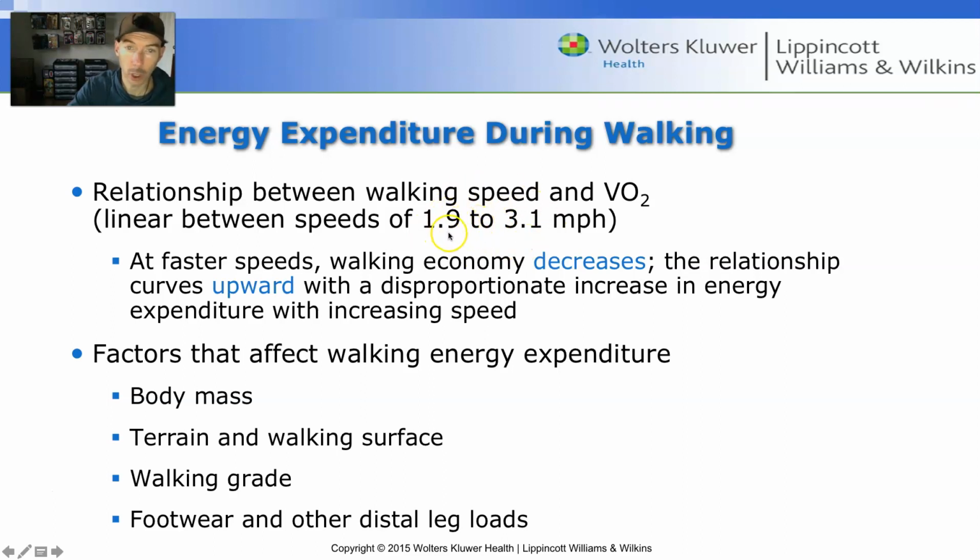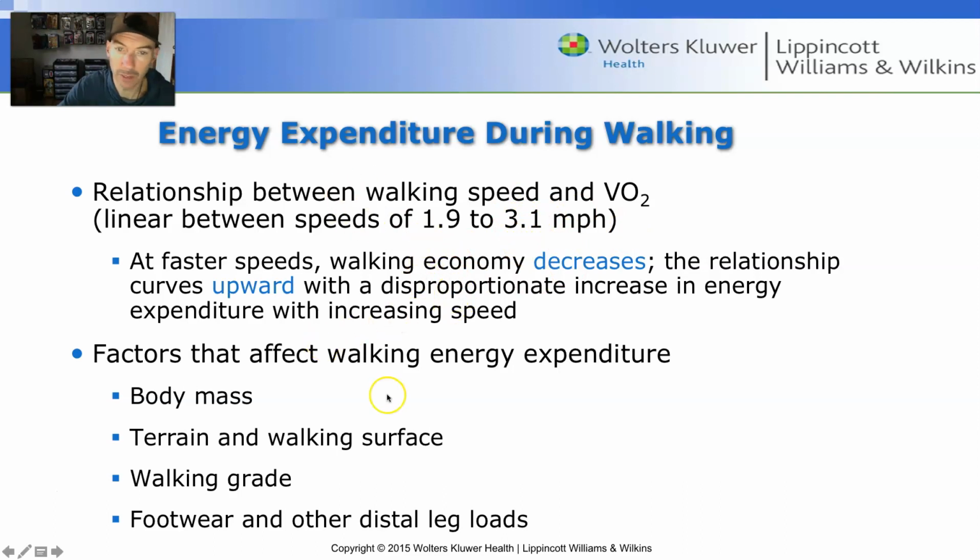If you walk slower than 1.9 miles per hour, you're actually reducing your efficiency, okay? Now, for a child, that could be different, right? We're talking about adults here. But walking faster than 3.1 miles per hour also will reduce efficiency. It's almost like if you're going to go faster than this, you might want to jog instead. Jogging could be more efficient than trying to walk at 4 miles per hour, okay?